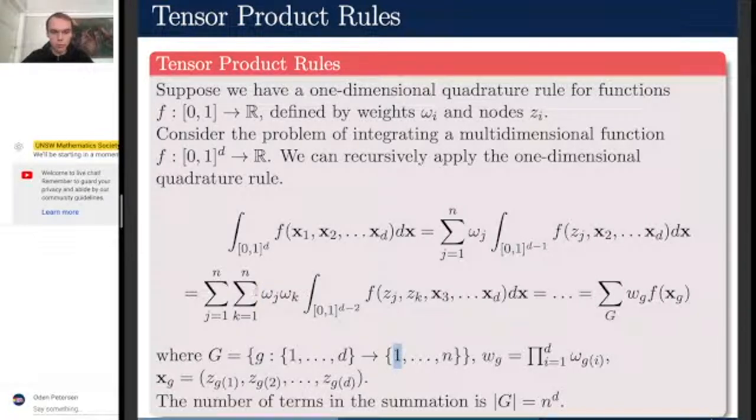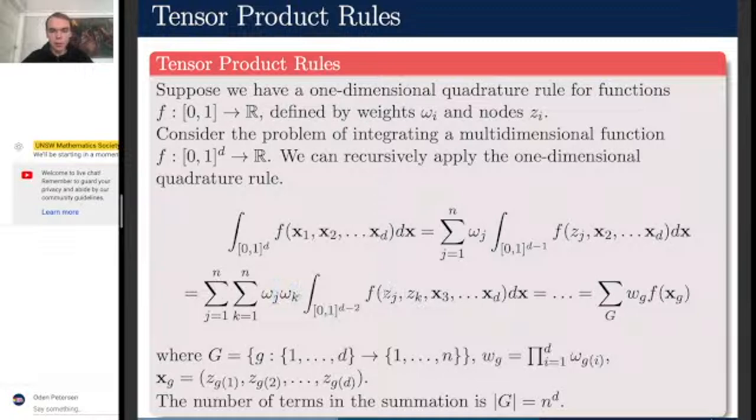The first weight in the quadrature needs to get picked. The second weight in the quadrature up to the nth weight in the quadrature needs to get picked independently for each one of these. So I guess we're going to have n to the power of d different terms in this summation. So n to the power of d different combinations of these omega indices.